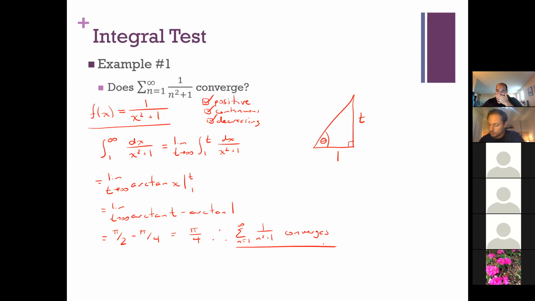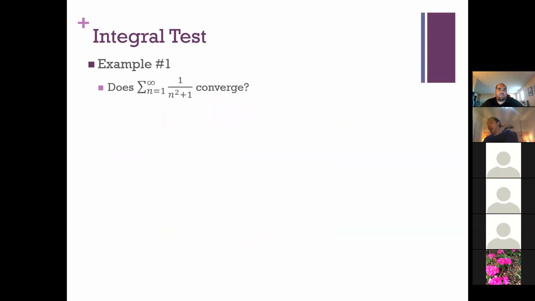I'm not saying the sum of the series is pi over 4. It's probably a good approximation, but almost certainly not equal. Any questions on this one here? All right, moving on.